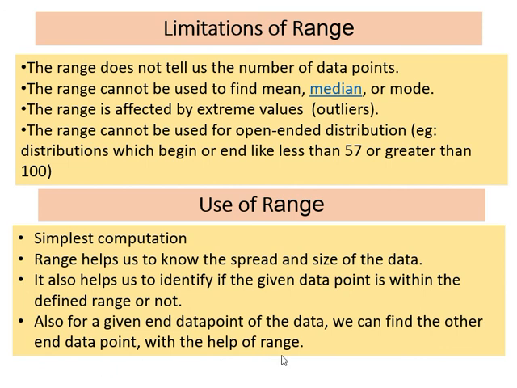If you know the range and the highest value, then you will be able to calculate the lowest value, because highest value minus lowest value is equal to range. So, this is all about range.